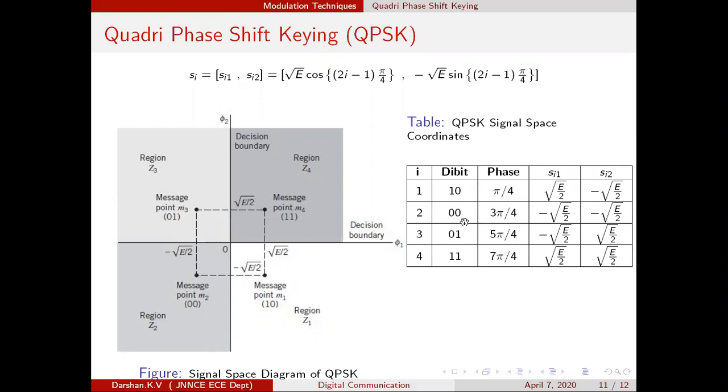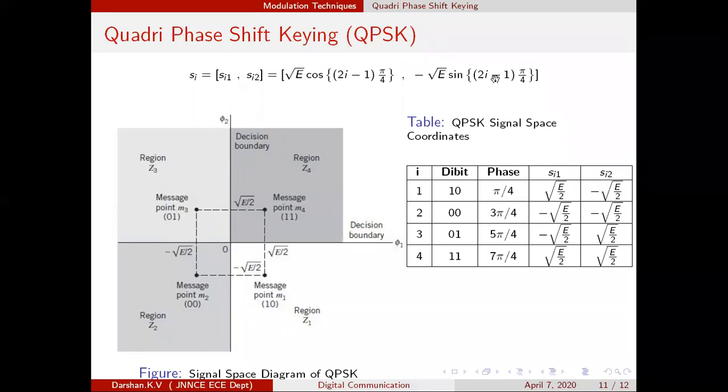Suppose you want to represent the dibit 00. You write S2 is equal to S21, S22. You substitute i as 2, and you are going to get minus root E by 2, minus root E by 2.